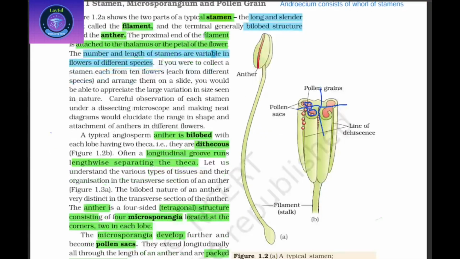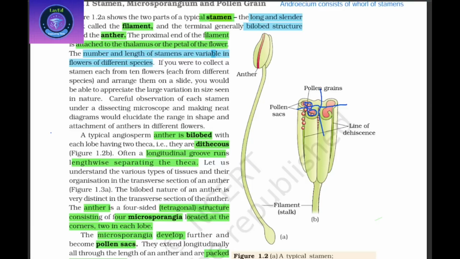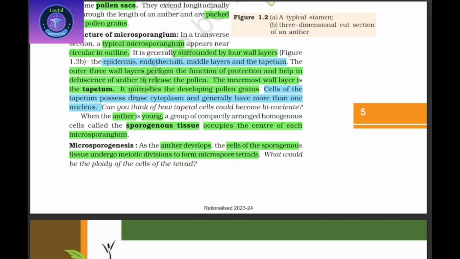I will sum up what we have studied in today's lecture. First of all, we talked about the male reproductive system in flowering plants, the androecium, in great detail. We talked about stamen parts, the filament, then we moved on to anther. Of anther we discussed all the characteristics very well. Then the anther's inside structure, the microsporangium, and the microsporangium structure.